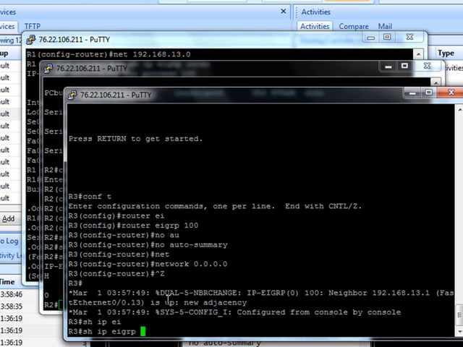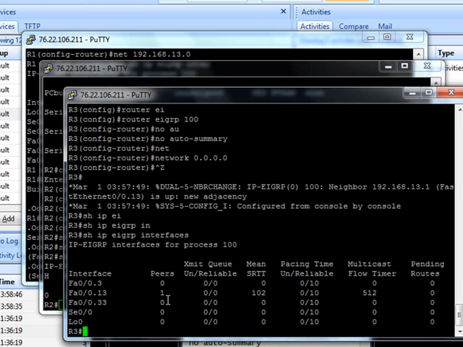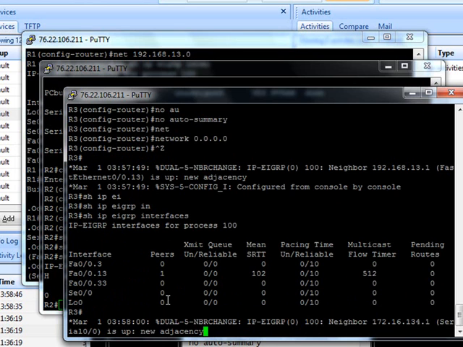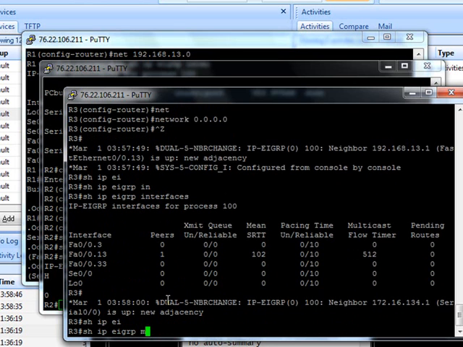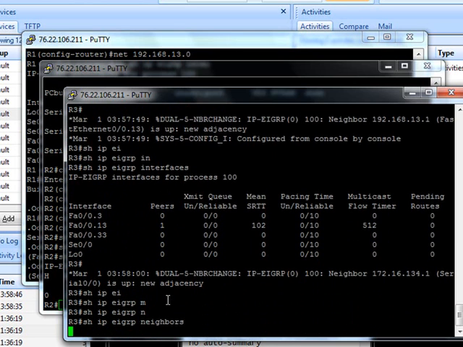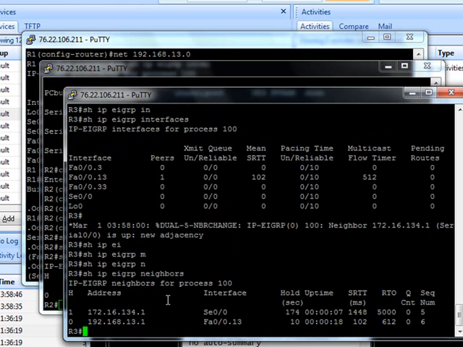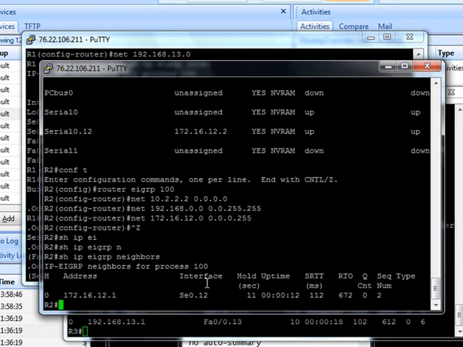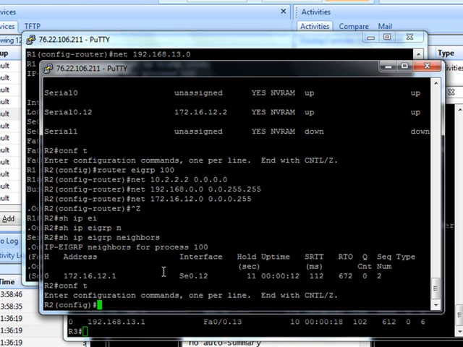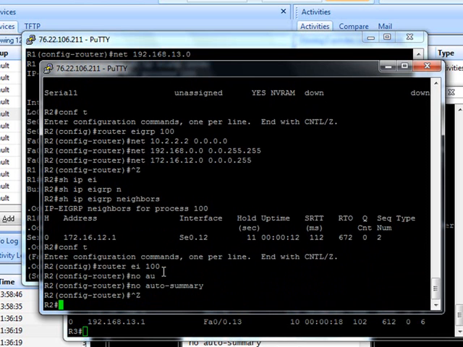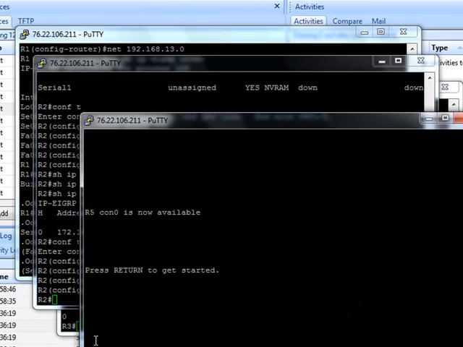Show IP EIGRP interfaces. And there we go, show IP EIGRP neighbors. And there's two neighbor relationships like we would have expected. One of the things I want to do is make sure that the, oh yes, because notice in here I forgot to put the no auto summary command. Router EIGRP 100, no auto summary. R4.